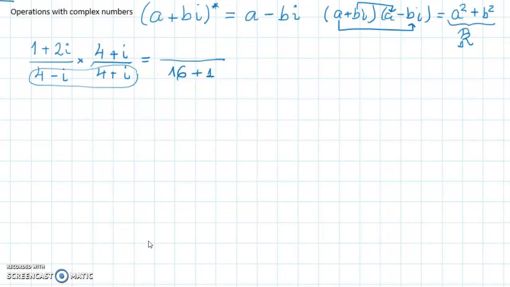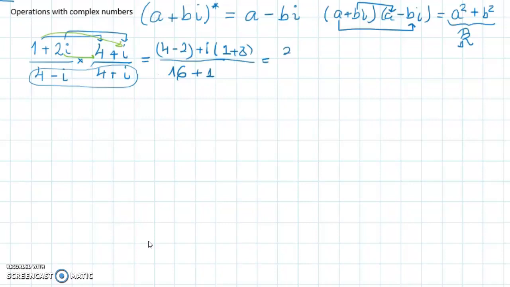Okay, so let's just multiply what we have on the numerator so we can check that what we did is actually useful. So we are going to have 1 multiplying 4 for the real part, and also we are going to have negative 2 for the real part. And for the imaginary part, we are going to have the 1 multiplied by i and the 2i multiplied by 4. So that is the 1 and then plus 8.